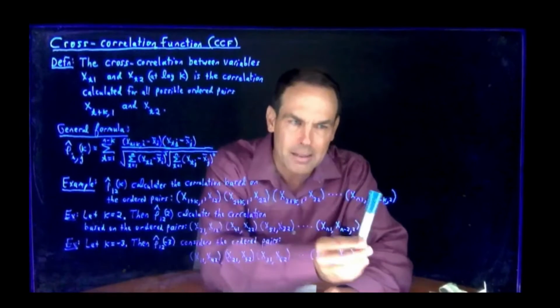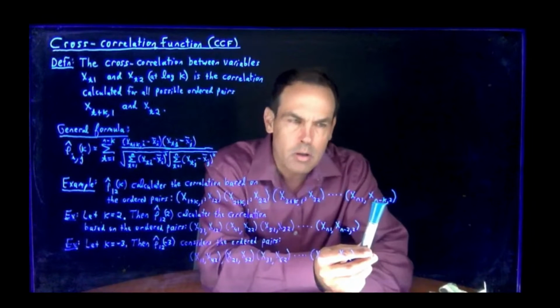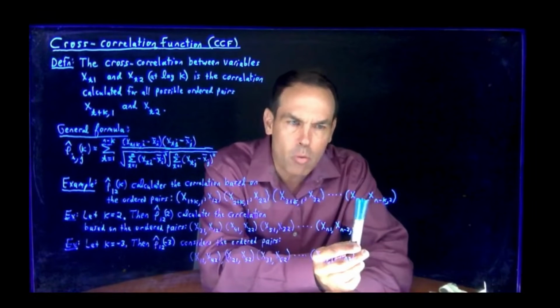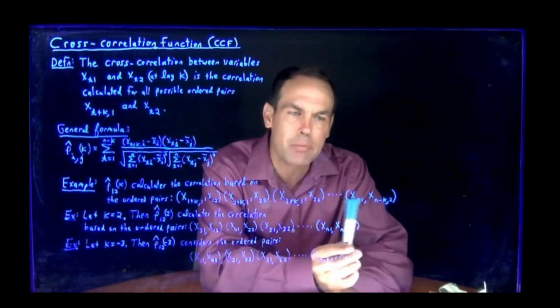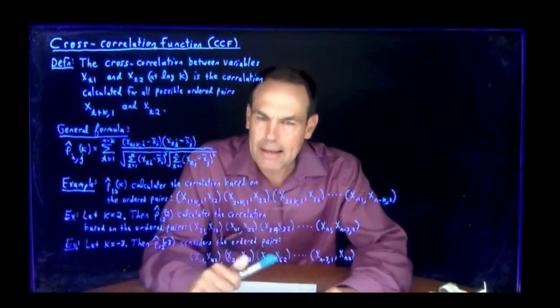So this is the last ordered pair that's possible. N minus k is paired with variable 1 at k time points ahead of n minus k, which puts you where? Right at n, because n minus k plus k equals n. Okay, better. I think that helps a little.